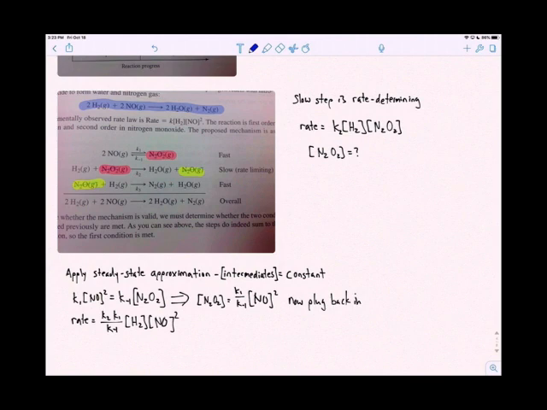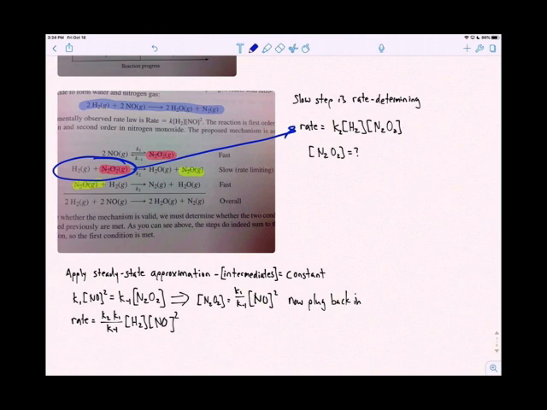So the rate is equal to some rate constant, in this case k2, times the concentration of hydrogen times the concentration of N2O2. The stoichiometric ratios become the powers. So this is first order with respect to hydrogen, and first order with respect to N2O2.